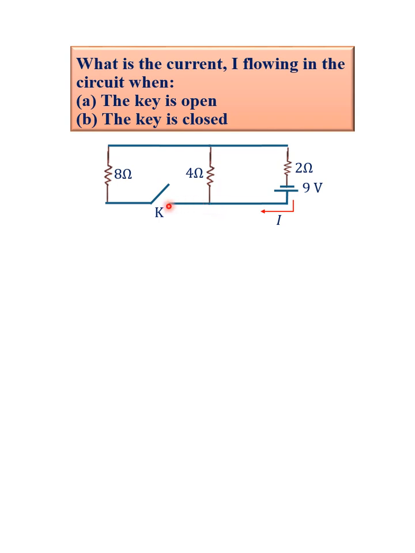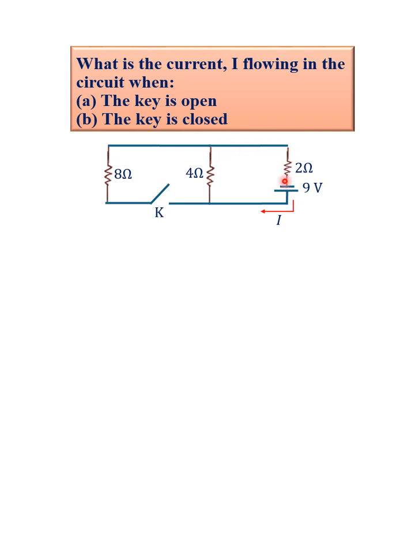It finds this place open, and the current can no longer continue to flow because of this open key. So all the current flowing through will go through this point and then back in return to the source.